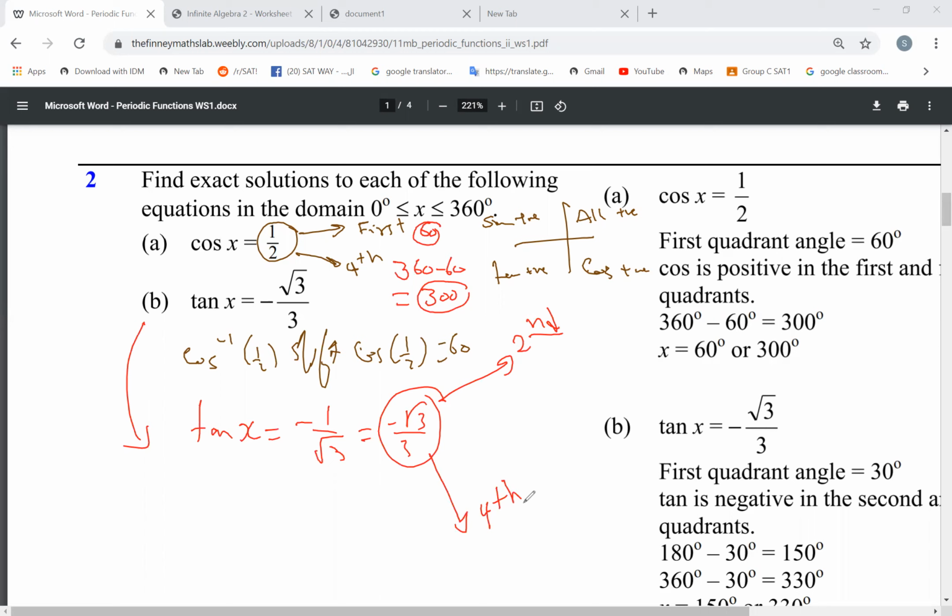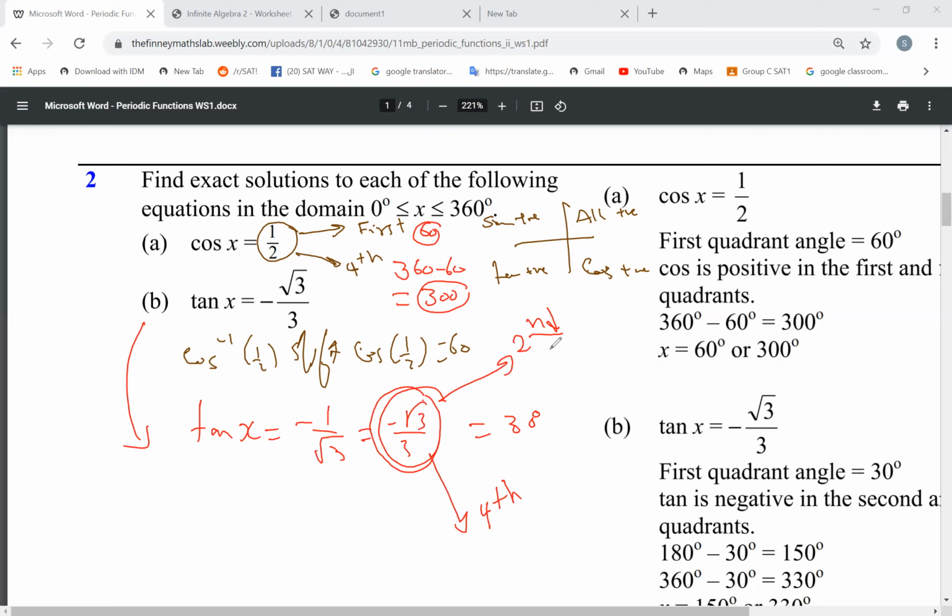The inverse tan of negative 1 over root 3 or negative root 3 over 3 is shift tan of this number, which is 30. 30 is in the first quadrant, but we need the angle in the second quadrant and in the fourth quadrant.